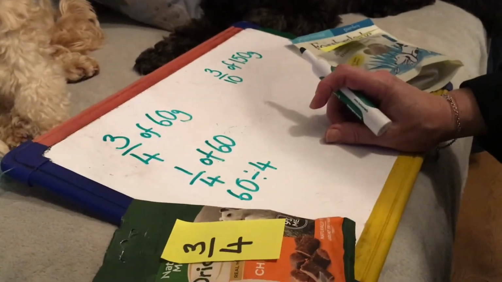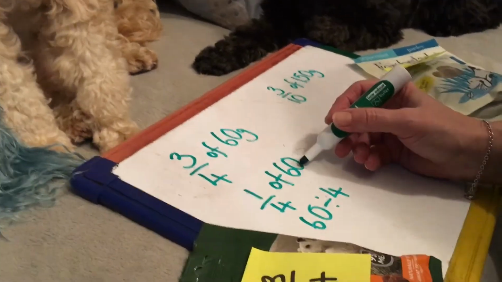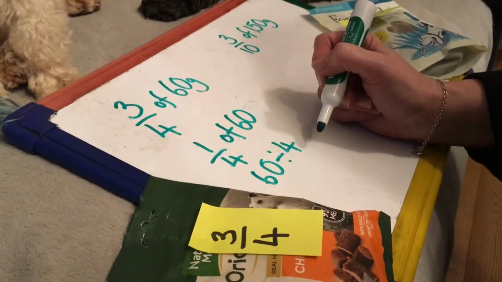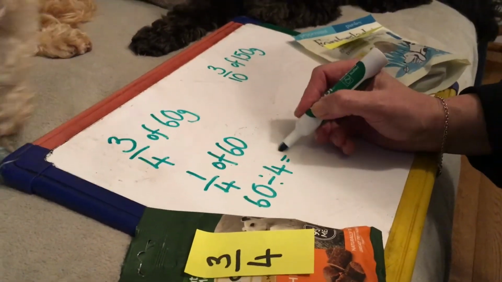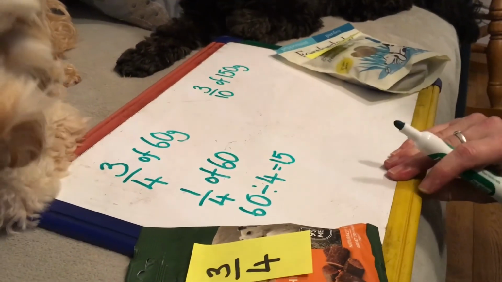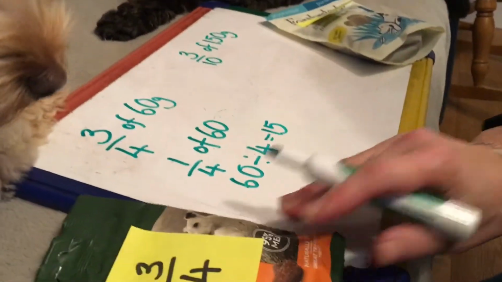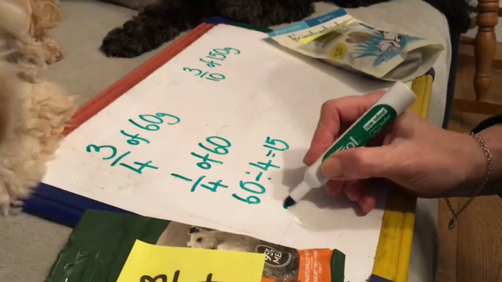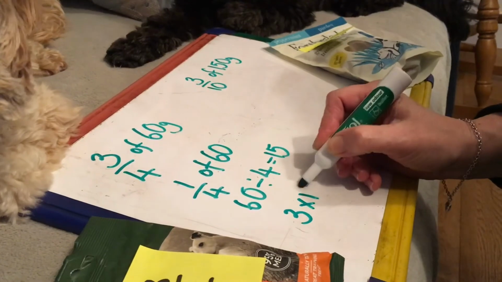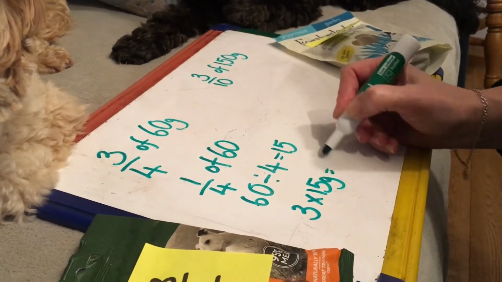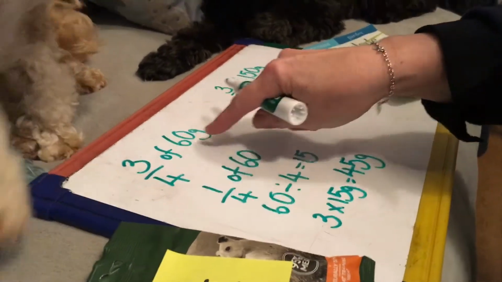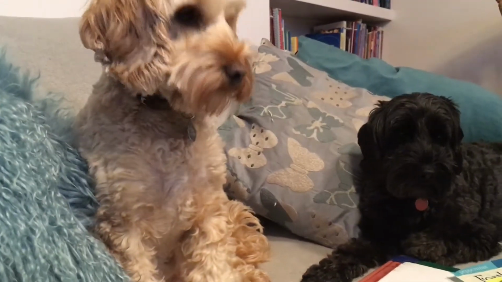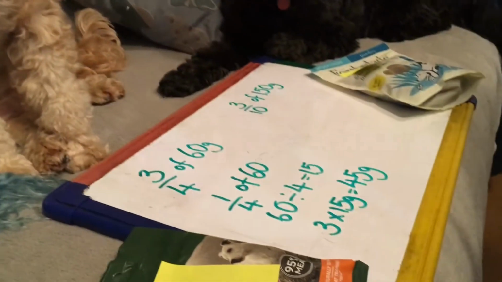You can halve and halve again. Well done, Ginny. So half of 60 is 30 and half of 30 is 15. So 1/4 is 15, but I wanted 3/4. So 3 lots of 15 grams will be 45 grams. So if they had 3/4 of this bag, they would get 45 grams.